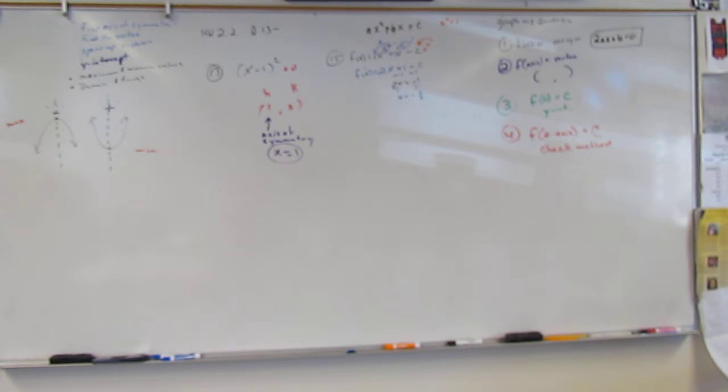Yes, sir. Where did the 1x go? So I see how the x squared became 2x, but what happened to the other x?